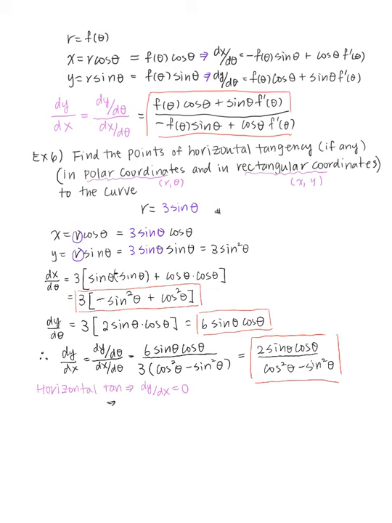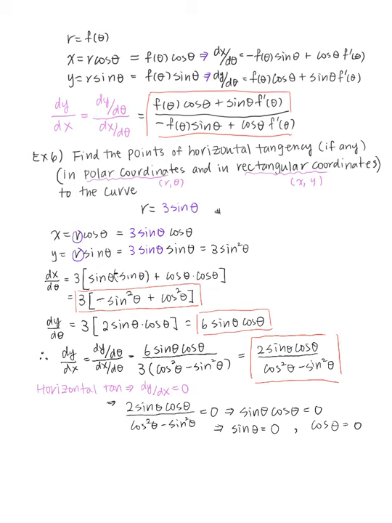That implies 2 sine of theta cosine of theta all over cosine squared minus sine squared has to go to 0, which implies that sine of theta cosine of theta has to go to 0. Yes, I know there was a 2 in front of it, but I already divided by 2 on both sides. So that implies that either sine of theta is 0 or the cosine of theta is 0.